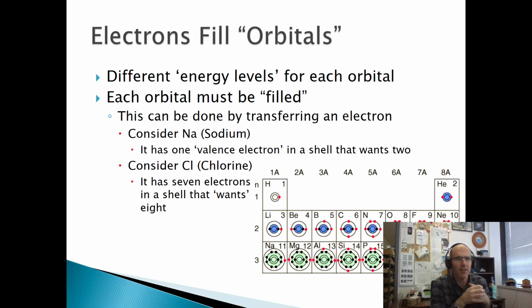So if we take a look at this chart right here, where's my mouse gone? And so right here, we've got our simplest and probably most common atom in the universe, the hydrogen atom. And the hydrogen atom is one proton surrounded by one electron. And so that's a balanced charge right in there.